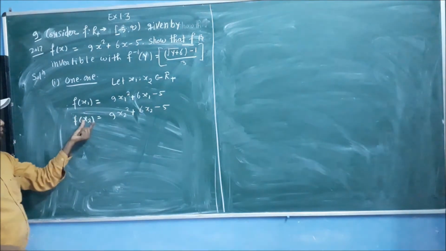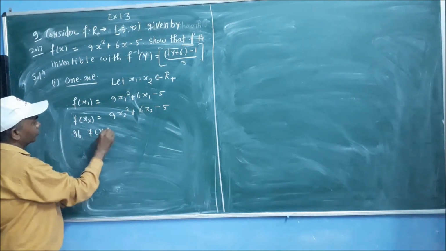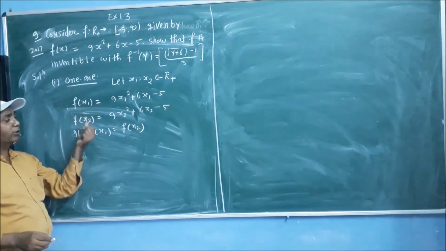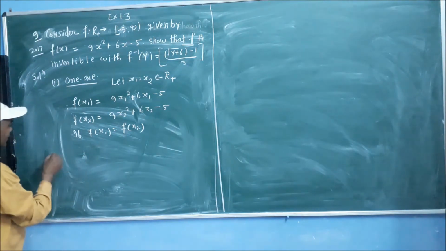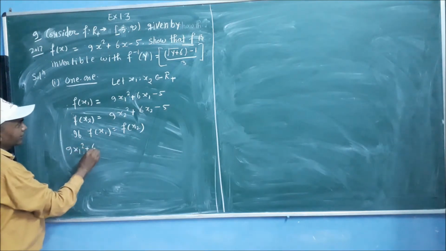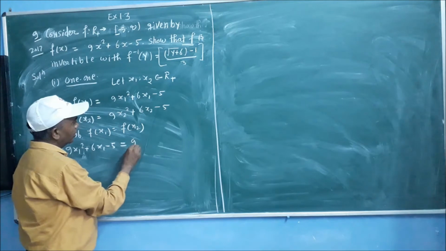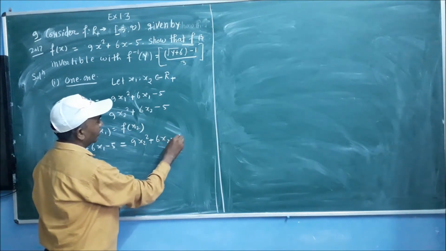Suppose f of x1 is equal to f of x2; if this is true, then x1 must be equal to x2. So this can be written as 9 into x1 square plus 6 into x1 minus 5 equal to 9 into x2 square plus 6 into x2 minus 5.